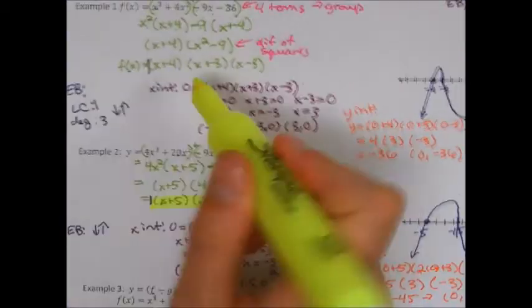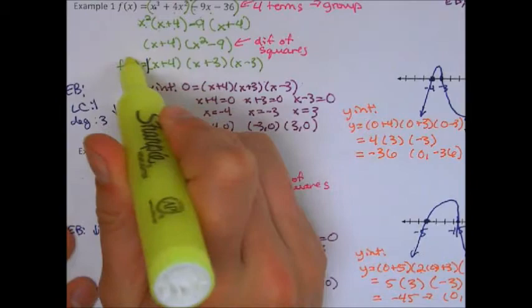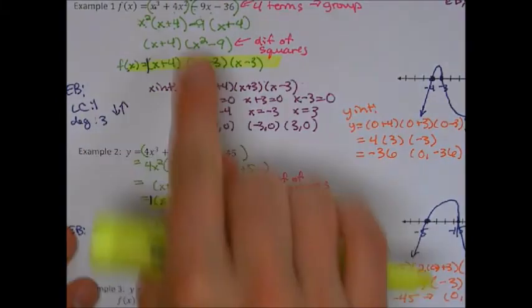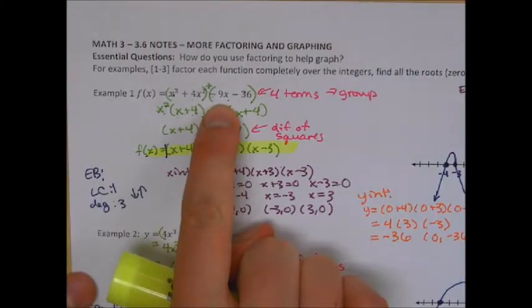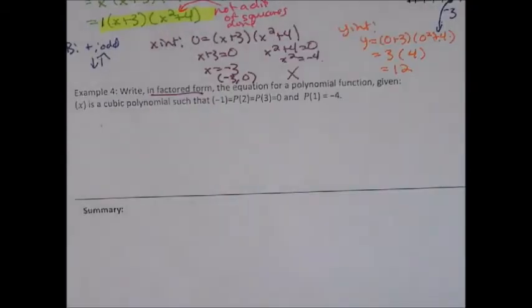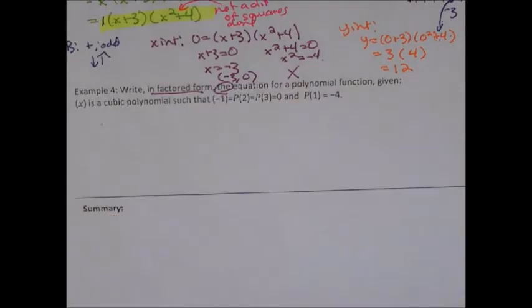That is factored form. That is factored form. The other form is called standard form. So write in factored form the equation. Note we have that word, the, so we're going to have to find our A for a polynomial given.